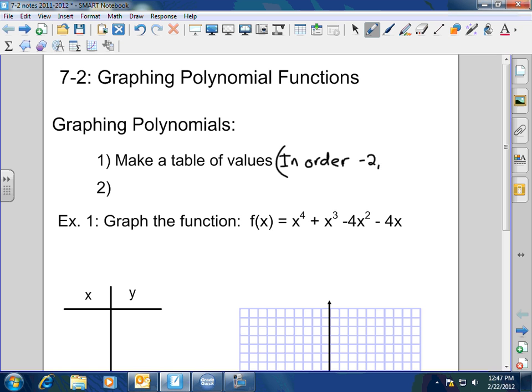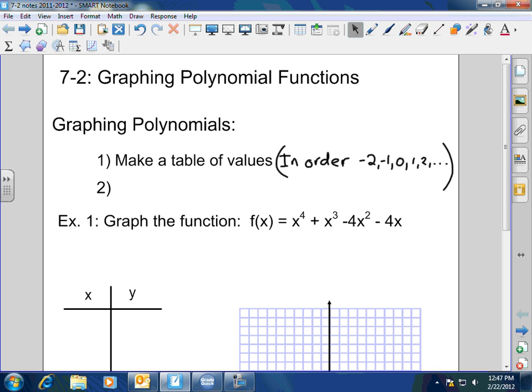So go negative 2, negative 1, 0, 1, 2, dot, dot, dot. If you want to start with negative 5, fine. Go negative 5, negative 4, negative 3, negative 2, negative 1, 0, 1, 2, 3, 4, 5. Just go in order, please, from least to greatest, in ascending order.